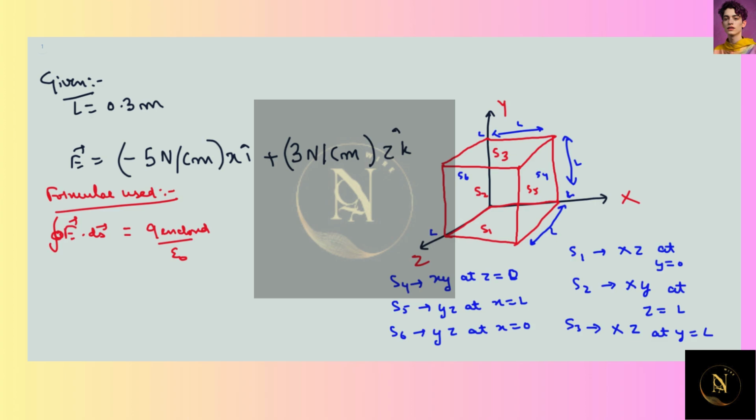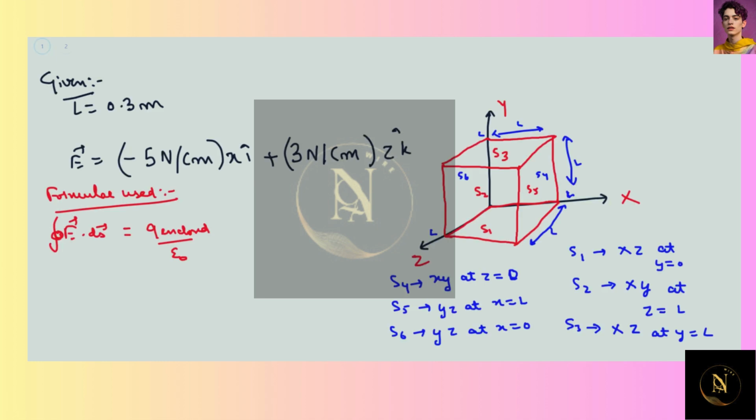So let's find the flux. Flux is equal to the integral of E dot dS. Finding the flux through the S1 surface, it equals E dot dS1. Talking first about the dS1 surface, we have the xz plane at y equals 0. This is our surface.